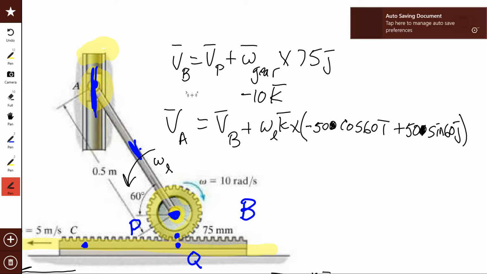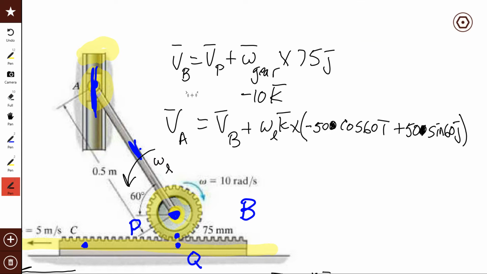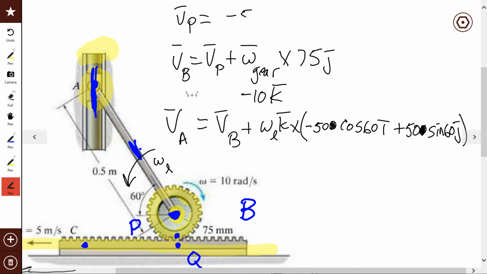Okay, whatever. Omega cross. Okay, now how many unknowns are there? What are the unknowns? Let's see, I didn't write my P, right? Velocity of P equals, what's the velocity of P? Minus 5, and that's going to be in meters per second. Okay, then I got a unit problem. But what are the unknowns?